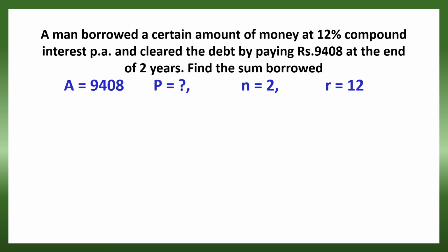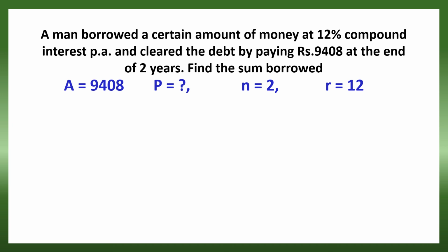That means the total amount at the end of 2 years is 9,408. So A is given, 9,408, and N is also given, 2 years. So we have to find the sum borrowed or the principal sum.